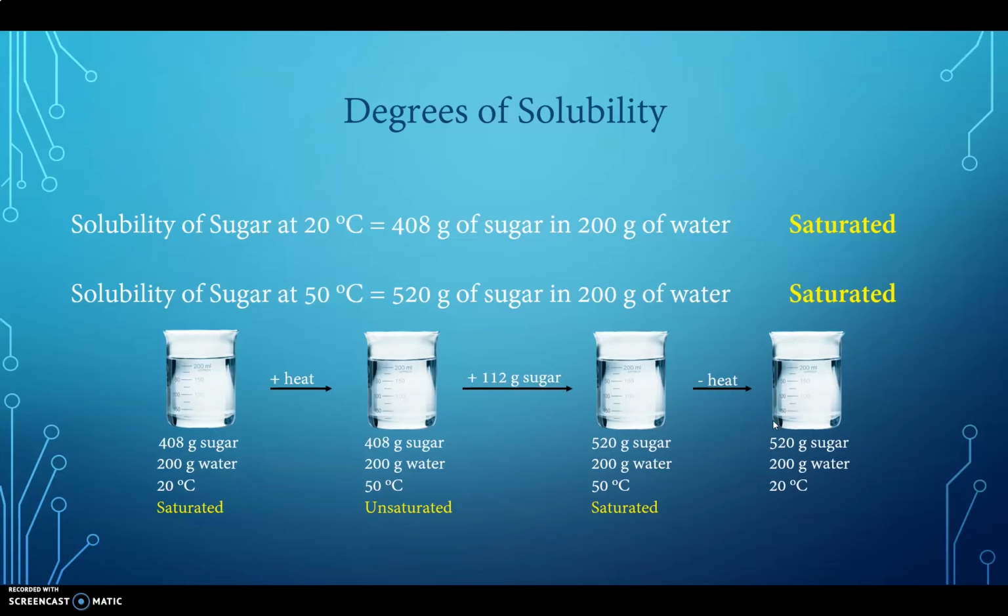We should very quickly find 112 grams of sugar crystallized in a pile on the bottom of the beaker. With most chemical compounds, that's exactly what will happen. But that's not the case with sugar. That extra sugar is going to remain dissolved, and we have now what's known as a supersaturated solution.